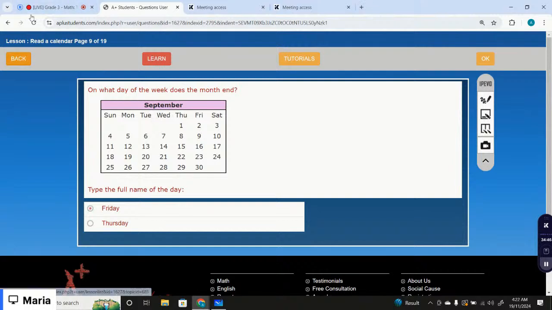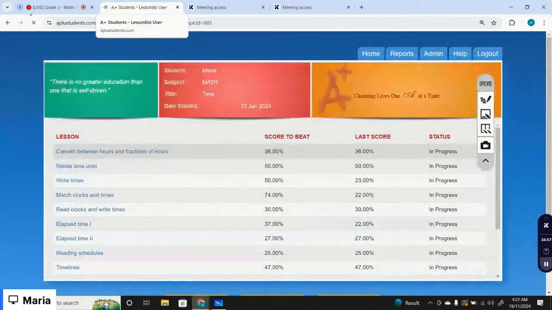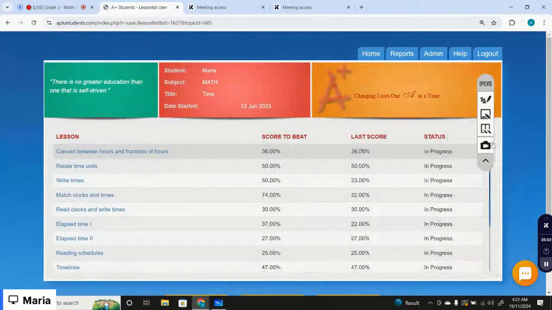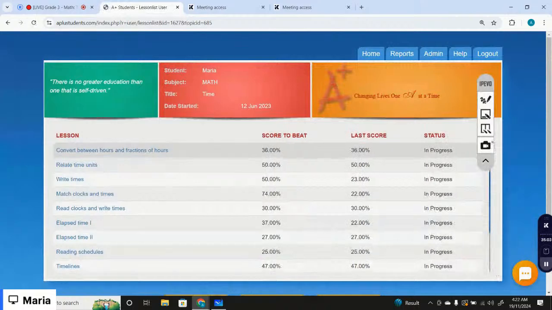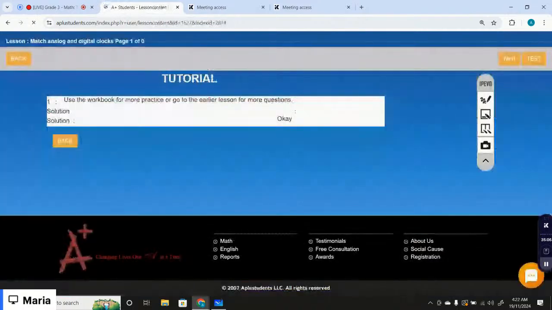Okay, you can complete the lesson by yourself later today. Let me just move to the next lesson. The next lesson is match analog and digital clocks.